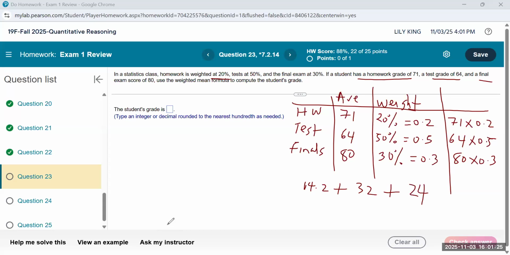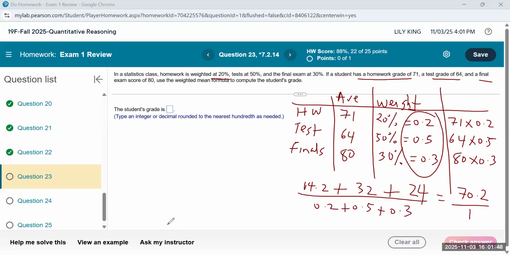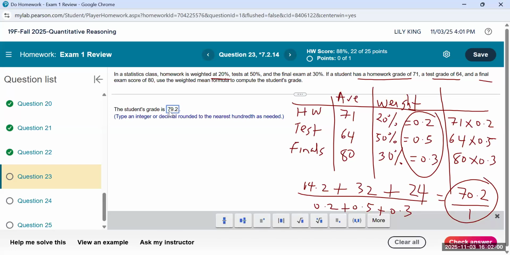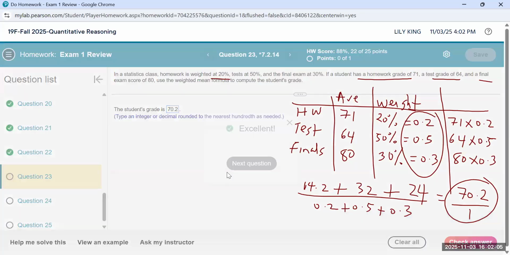If you add up all these values, you get a total of 70.2, and then dividing that by the total weight, so total weight of 0.2 plus 0.5 plus 0.3 is just 1. So 70.2 divided by 1 is 70.2, and that is the student's grade. And this is a C on most grading scales.